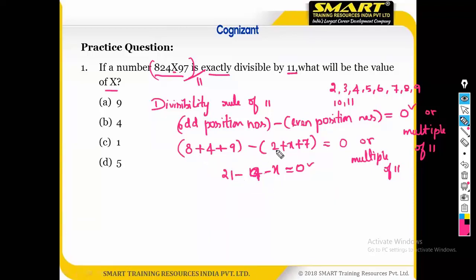It is 21. So 21 minus 9, it is 12, right?